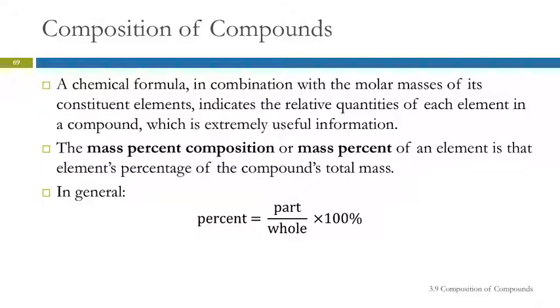So what I saw happening when I didn't write percent here is that students would calculate part over the whole times 100, and then they'd multiply by 100 again to make it a percentage. So that's not right. And when I put it this way, students do part over the whole, and then they either use the percent button on their calculator, which gives them a 1 here, or they say, well, times 100%, that's times 1, and then they don't multiply by 100.